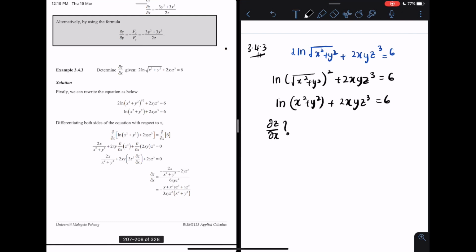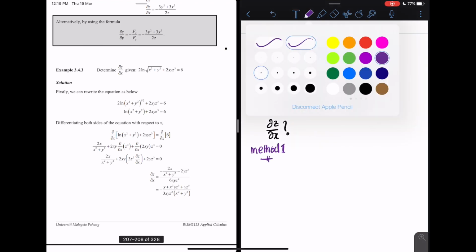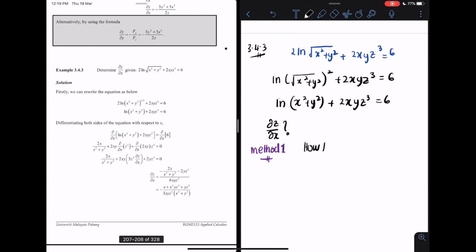So method 1, we go for method 1. Okay, how to solve? You will find the derivative of the left hand side and right hand side. I will get del x of ln x squared plus y squared plus 2xyz cubed equal to del x of 6.